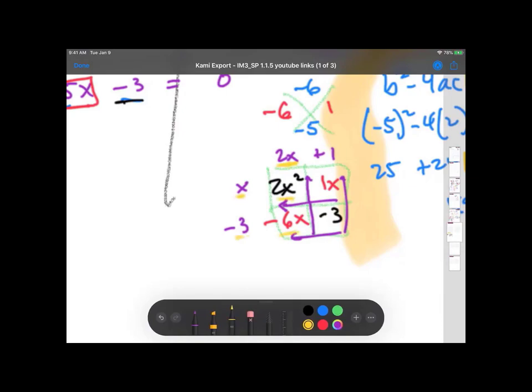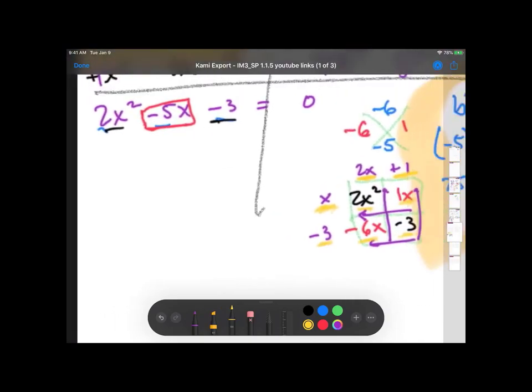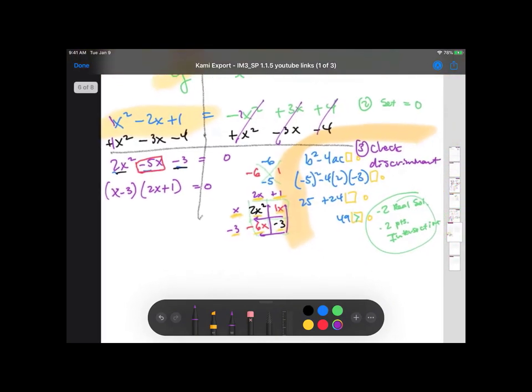Negative 3 times 2x is negative 6x. X times 1 is 1x, and negative 3 times 1 is negative 3. So here's my binomials. X minus 3 and 2x plus 1 equals 0.